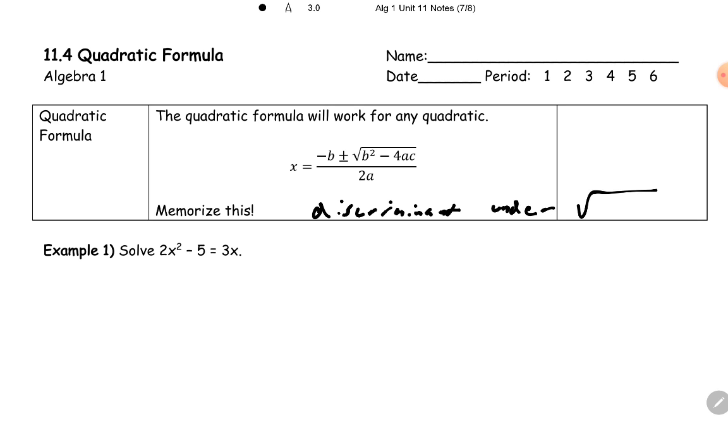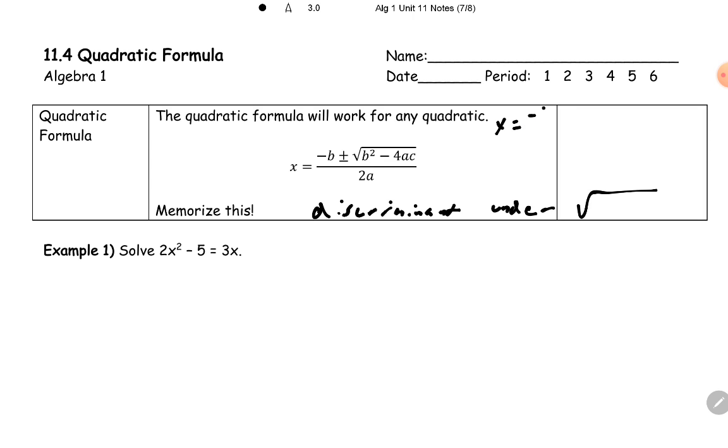And this is how it goes. X equals negative b plus or minus the square root of b squared minus 4ac all over 2a. Remember, this plus or minus means we have two equations going on.